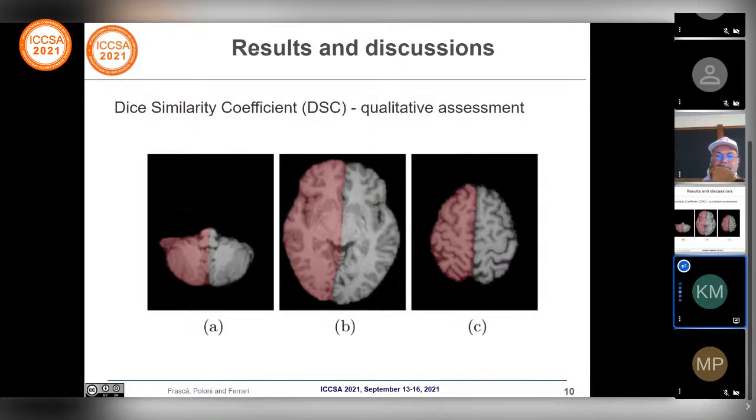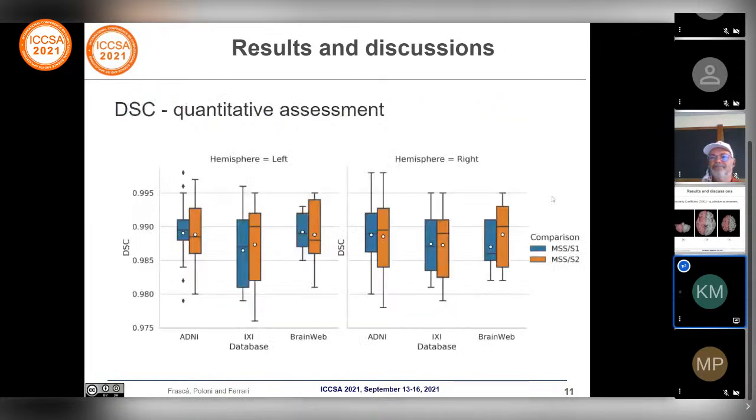A qualitative assessment of the results is present in these images. Hence, we can visually notice that the developed MSS accurately captures the surface of the hemisphere. To ensure these values are accurate, we quantitatively assessed the region overlap results using the DSC.